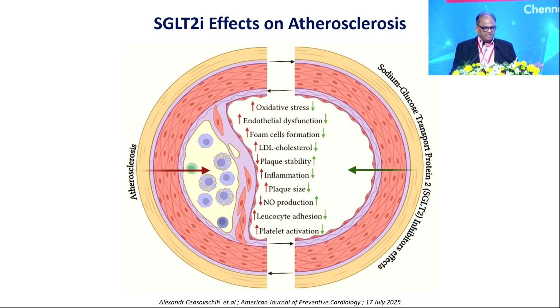And because of these things, you could see that SGLT inhibitors in general have got very good anti-atherosclerotic effects, by various mechanisms. By reducing the oxidative stress, endothelial dysfunction improves, and then foam cell formation is reduced because the endothelial barrier is not breached, so that you don't get into that. So there is platelet aggregation and so many things that can happen.